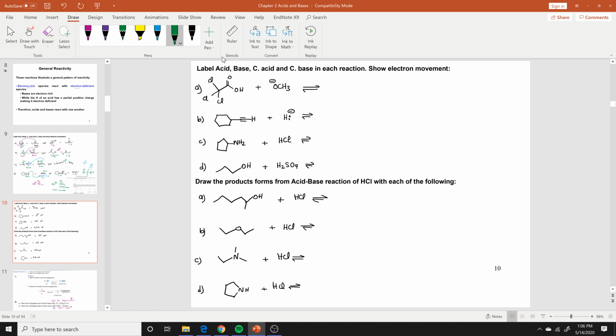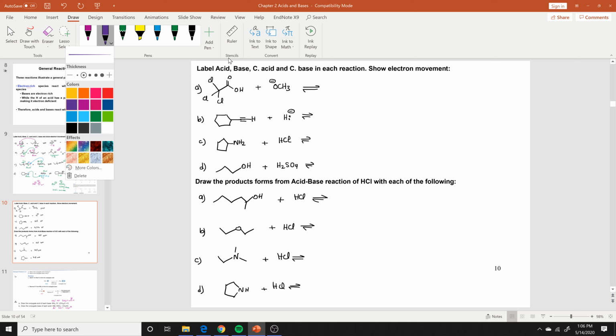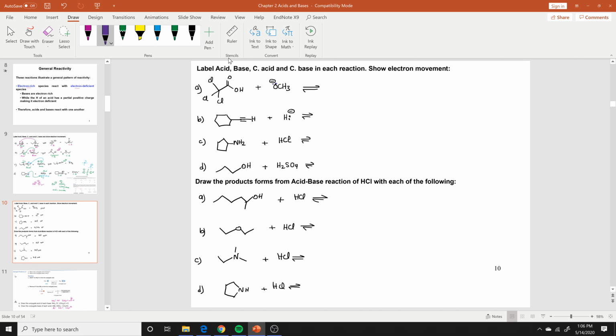Okay. Another example over here, label the acid, base, conjugate acid, and conjugate base. So let's go fast over here. See in this example, I did not give you the counter ion. I didn't give you the counter ion in there, but please know that there is sodium or potassium in there, okay?